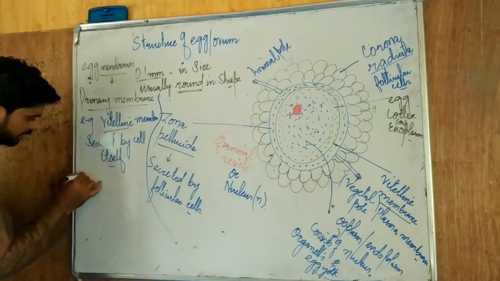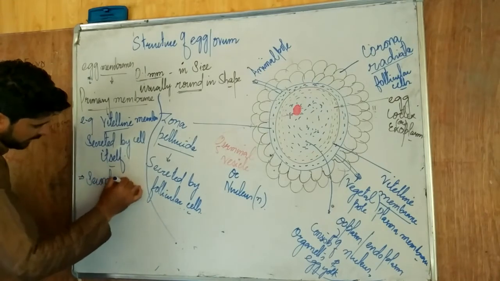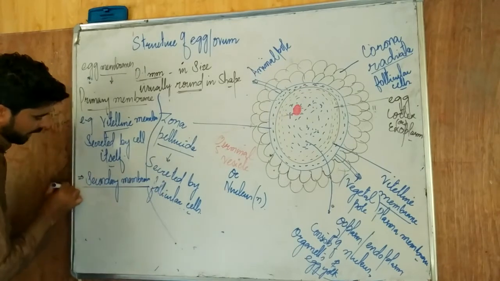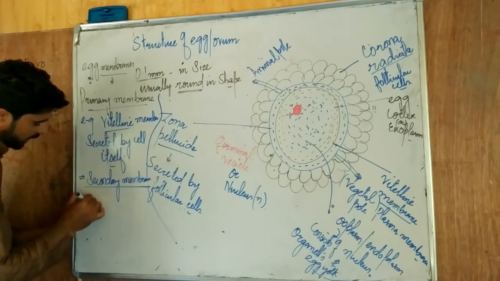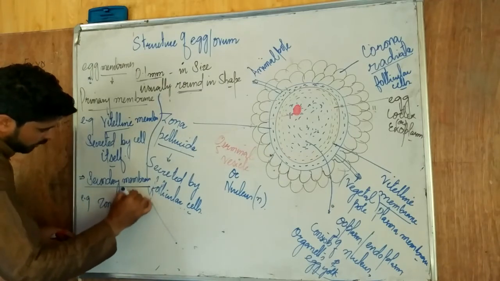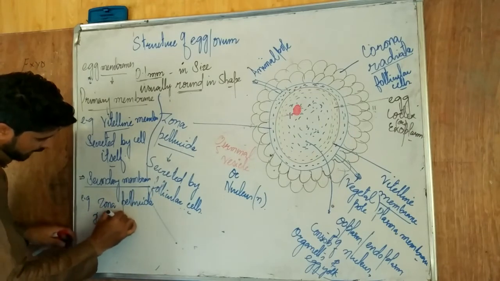Then we have the secondary membranes. Examples of secondary membranes are the zona pellucida and corona radiata.